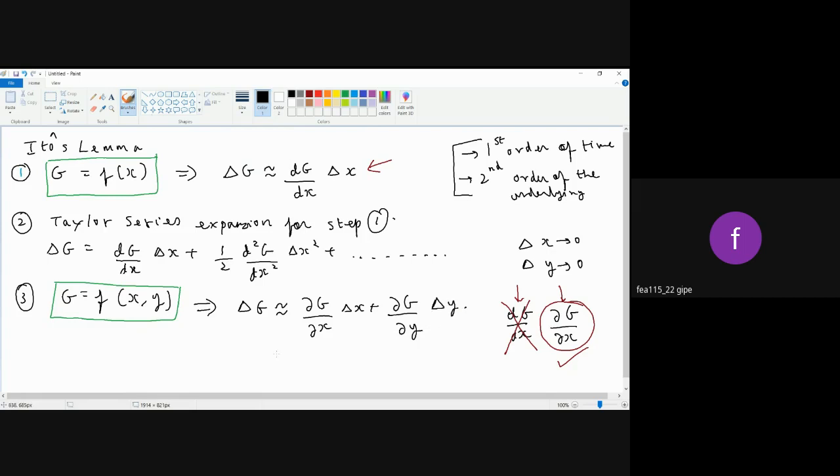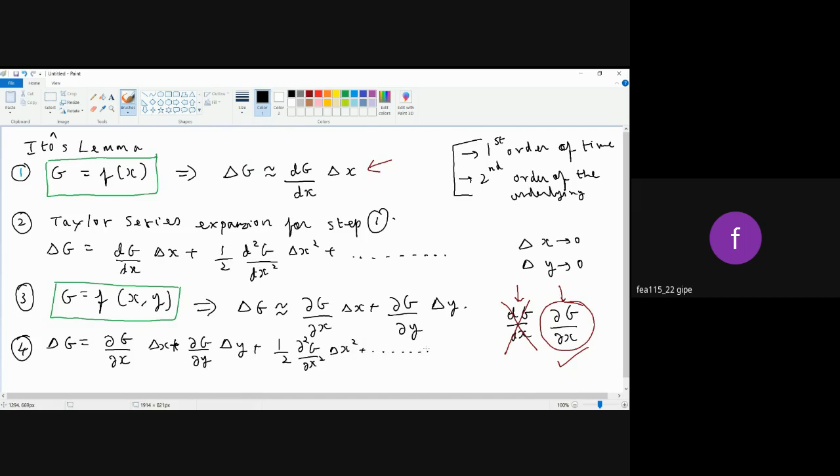Again, if I want to apply Taylor series to the step above, because I have a slightly extended Taylor series now, I have an x and y term. So my Taylor series would look something like delta g is equal to dabba g by dabba x into delta x plus dabba g by dabba y into delta y plus 1 by 2 dabba 2g by dabba x square into delta x square, and so on.